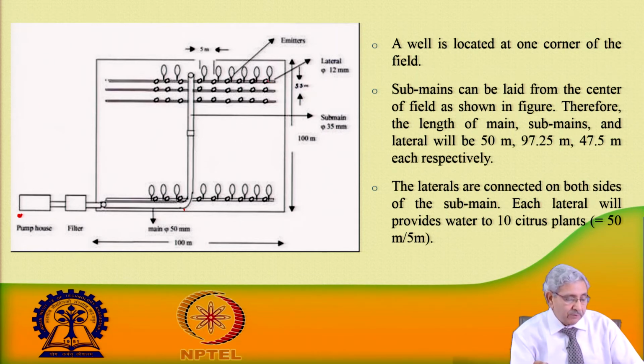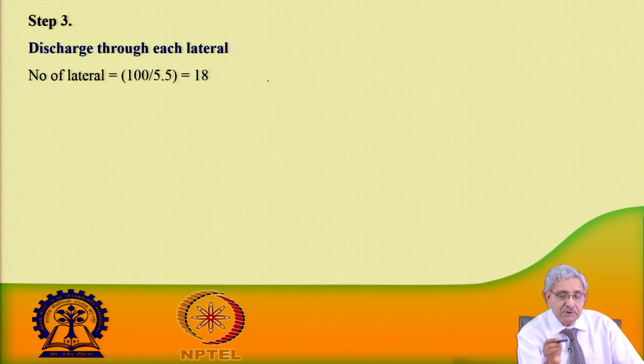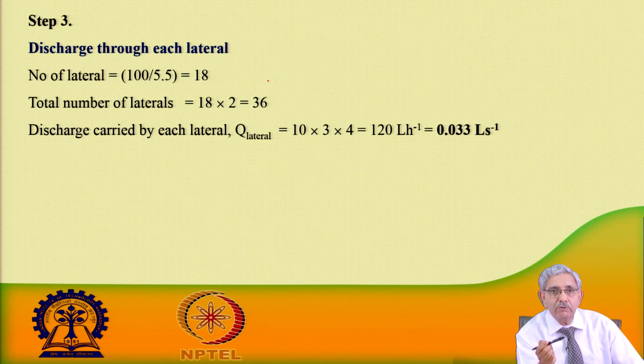So, this 5.5 meter which has been used will decide how many laterals will be coming in the 100 meter long field. So, this is coming that 18 laterals will be required. So, total number of laterals, because it is on both the sides, in one side it was 18, so on both the sides it will be 2 into 18, that is 36 laterals.